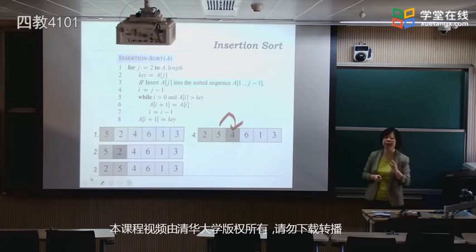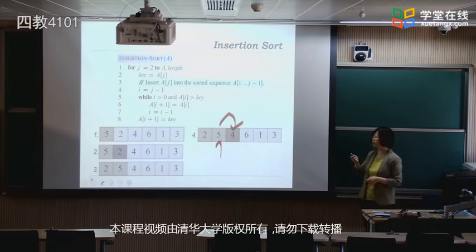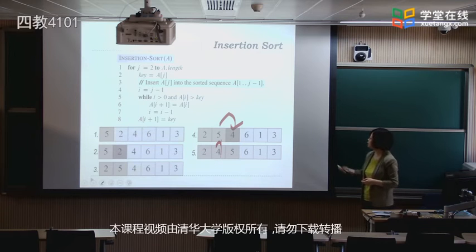And 2 is smaller than 4. The while loop is going to stop at this position, and we need to move our value back to this position. So here is what we get after this iteration, and so on. So we're going to stop here. If you're interested, you can check the textbook to see the rest of the execution.